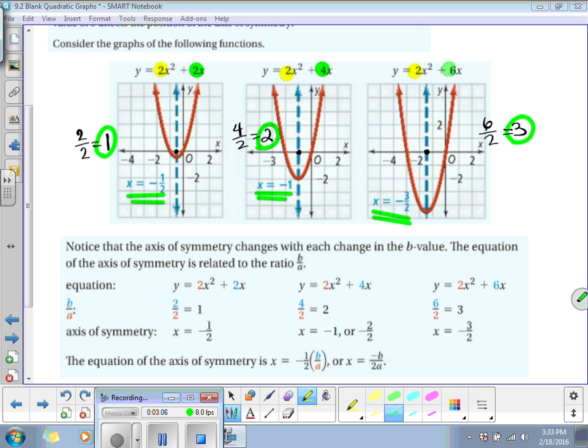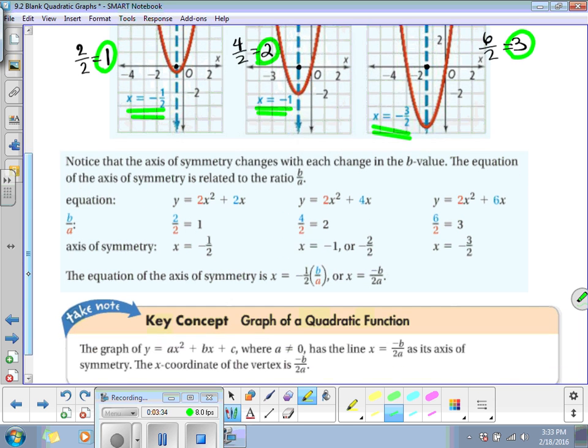For each one of these, in order to get to the axis of symmetry, we're going to take that ratio, B over A, and then we're going to multiply it times a negative 1/2, which gives us our formula for the axis of symmetry. So the formula for the axis of symmetry is x is equal to negative b over 2a.